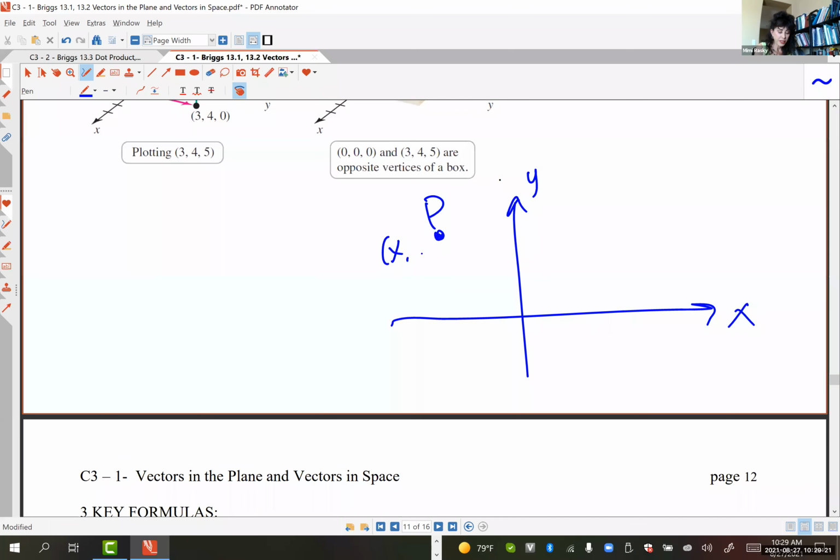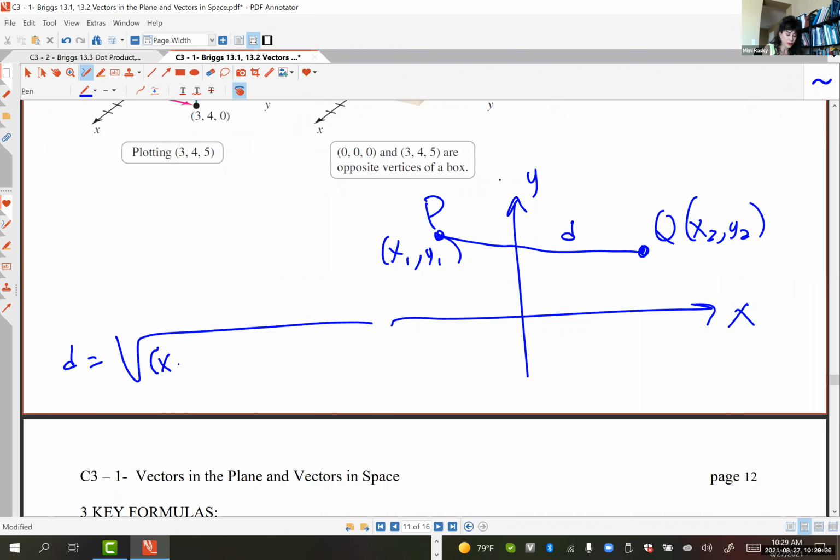If you had a point P in 2D and a point Q in 2D, and the coordinates for P were X1, Y1, and for Q, X2, Y2, the shortest distance between those 2 points, call it d, was the square root of the sum of the squares of the differences of the coordinates. You probably remember that from algebra.